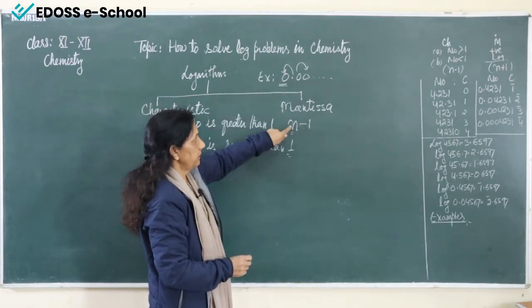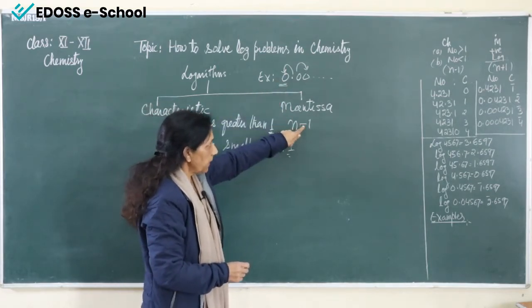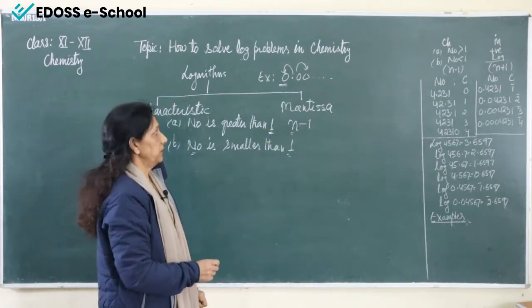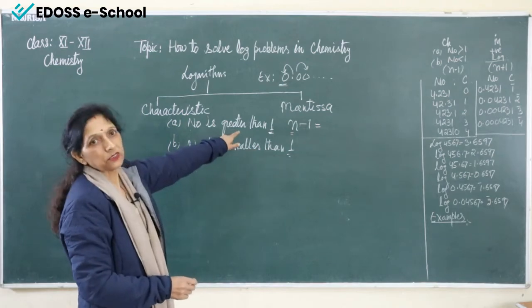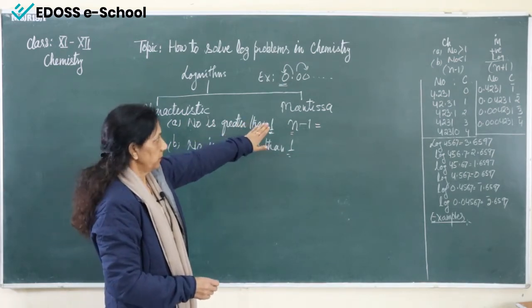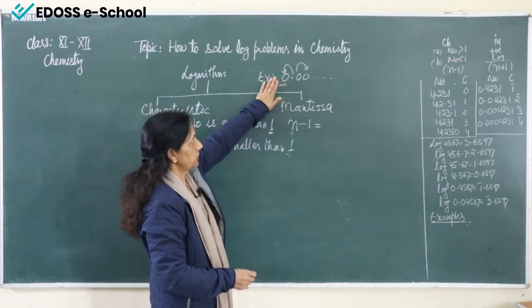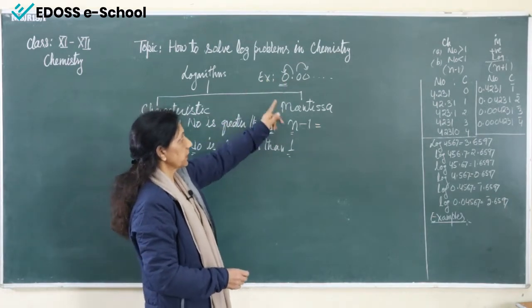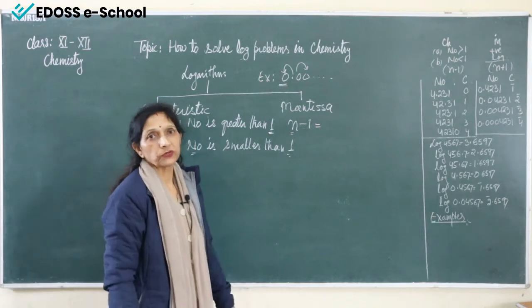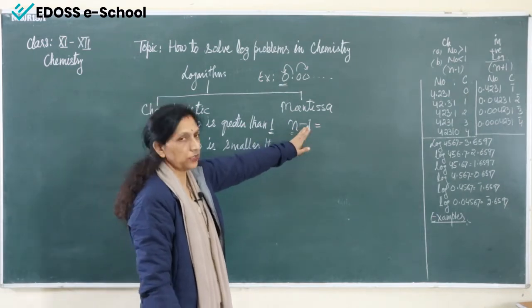After subtracting 1, this will be its characteristic. Suppose the number of digits on the left hand side is 2. So, the characteristic will be 2 minus 1, that means 1.